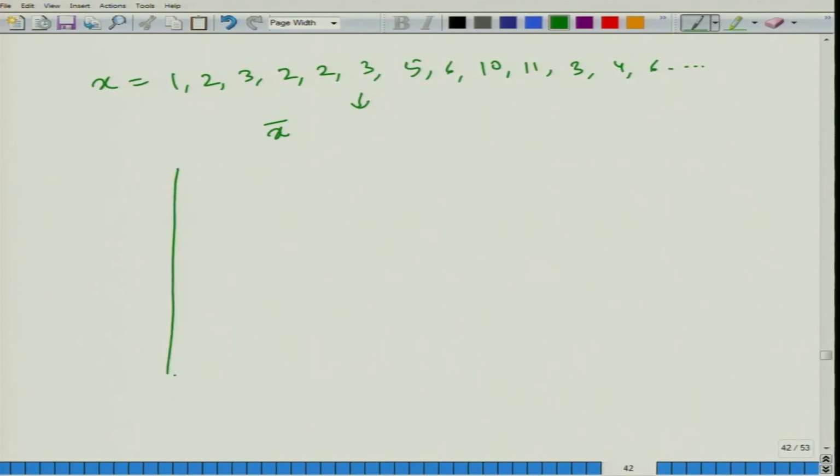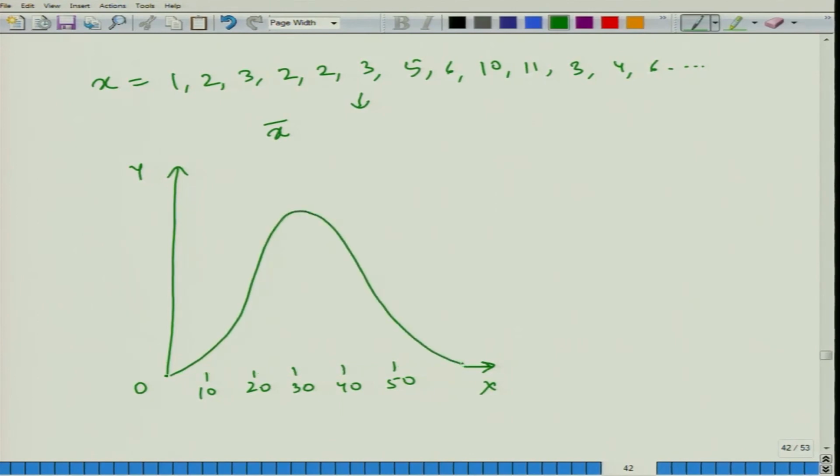On the other hand, suppose I gave you this distribution, and we have these values of 20, 30, 40, 50 on the x axis, and suppose this is how your curve looked. On the y axis also we have, say, 100, 200, 300, 400, 500.